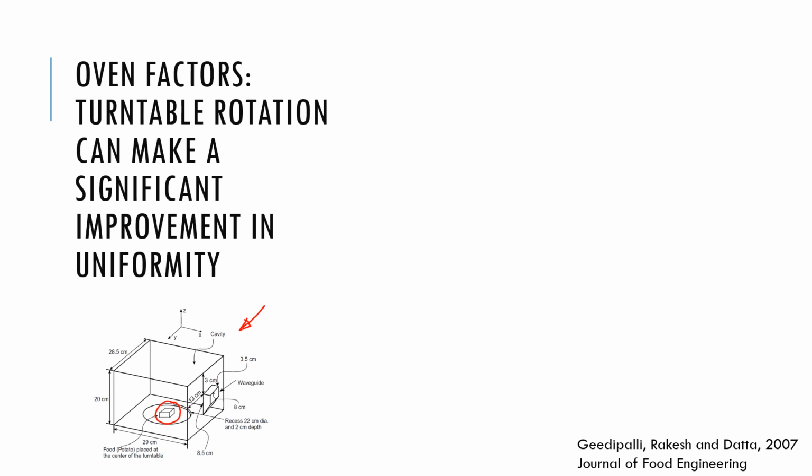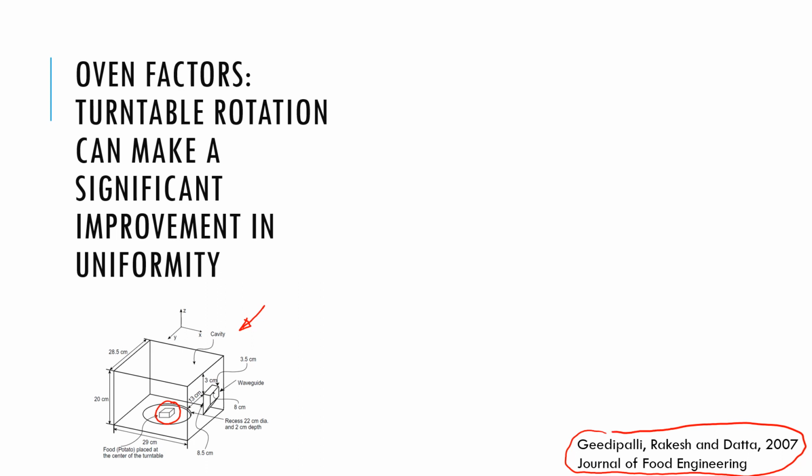We do a full electromagnetic simulation, that is solving Maxwell's equations inside the oven with the food in it. Details of this work can be seen in this published research.